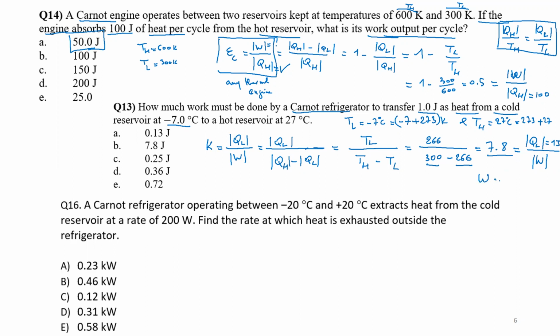So work will be just heat removed, which is 1 joule, divided by the coefficient of performance, which is 7.8. You do the calculation and you get 0.127, etc. In two significant figures, it will give you just 0.13 joule.